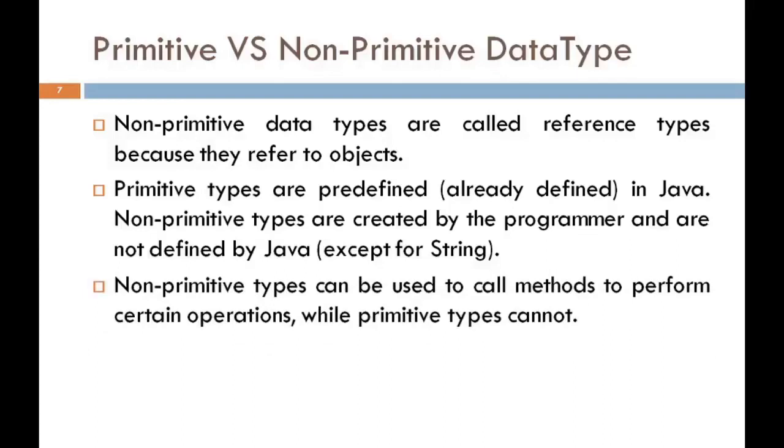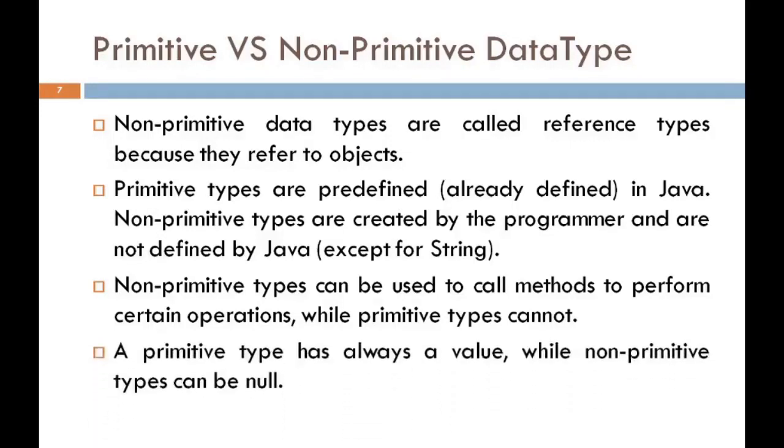The next difference between primitive and non-primitive data types is that non-primitive data types can be used to call a method to perform certain operations, while primitive types cannot. A primitive type always has a value, while a non-primitive type can be null.